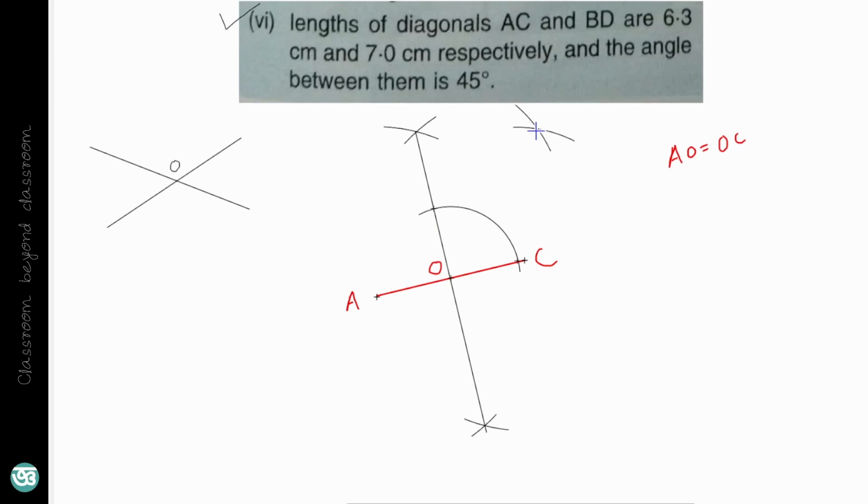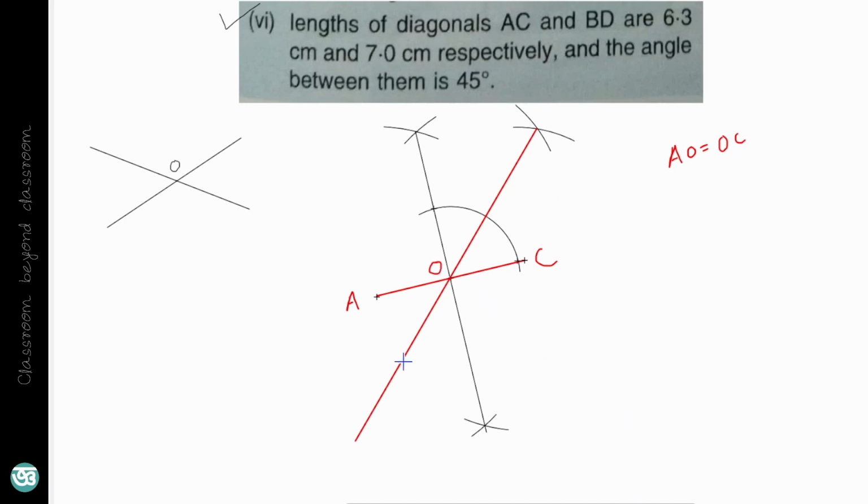Now you join this point of intersection to O and you can extend it to any convenient length. Now point D will be in this portion of the line and point B will be in this portion of the line. Diagonal BD is 7 centimeter long.